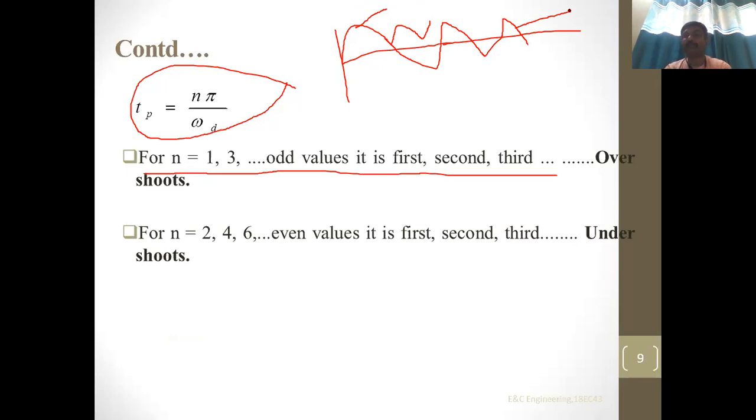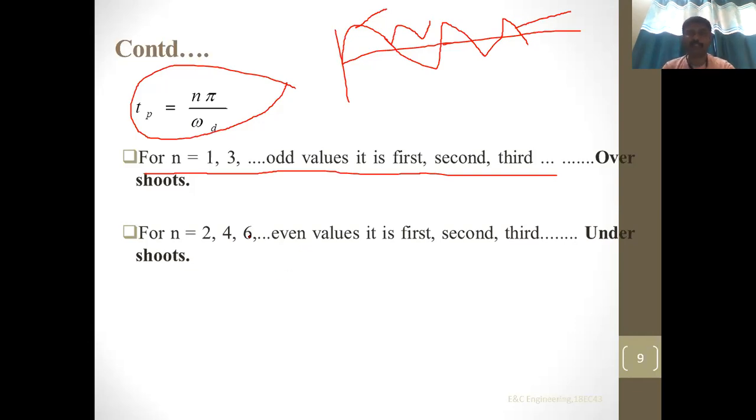Is it okay? We have first, second, and third overshoots for odd values 1, 3, 5, and undershoots for even values 2, 4, 6. Thereby, depending on the requirement, overshoot or undershoot, I shall choose the value of n. Is it okay?